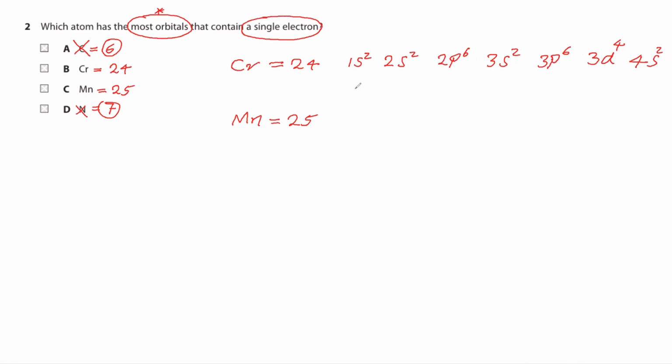And when you go for the next one, manganese, it's 1s2, 2s2, 2p6, 3s2, 3p6, 4s2, and 3d5.